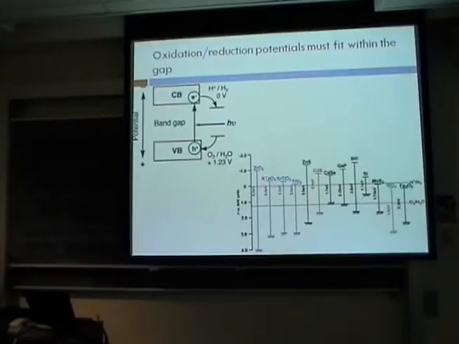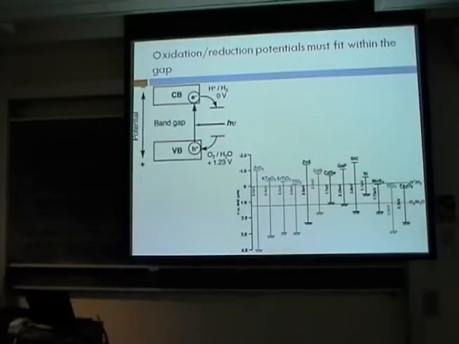Okay, and what we see here is that you need, first of all, a band gap that is at least 1.23 volts, but the position of the bands also matters. So for example, cadmium selenide can't be used for electrochemical reactions that involve the conversion of oxygen to water.